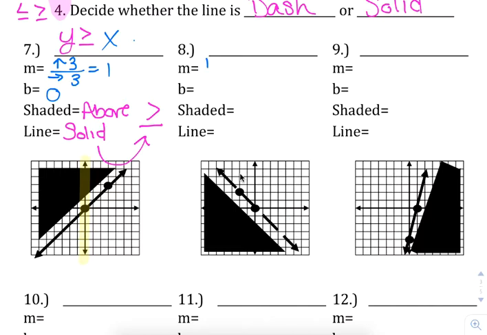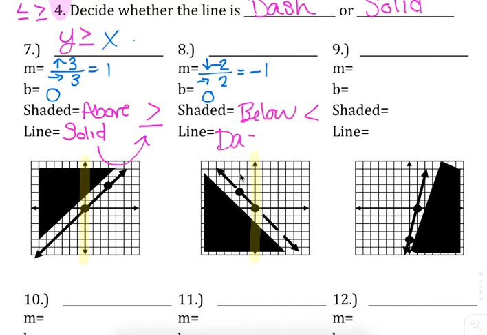Number 8 is going down 2, that's negative, and to the right 2. Negative 2 divided by 2 makes a negative 1. My y-intercept is still at 0, so this one's going to look very similar. We are shaded below this time. What kind of symbol is below? That's going to be a less than.